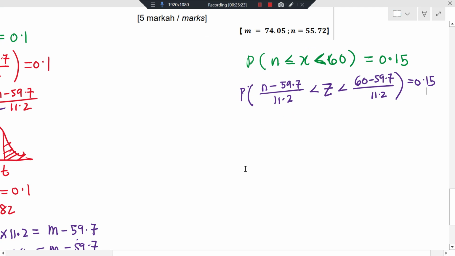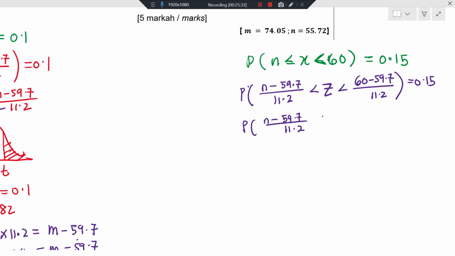Now let's simplify a little bit first. 60 minus 59.7 divided by 11.2 is, taking 3 decimal points only, 0.027. And the answer is 0.15.